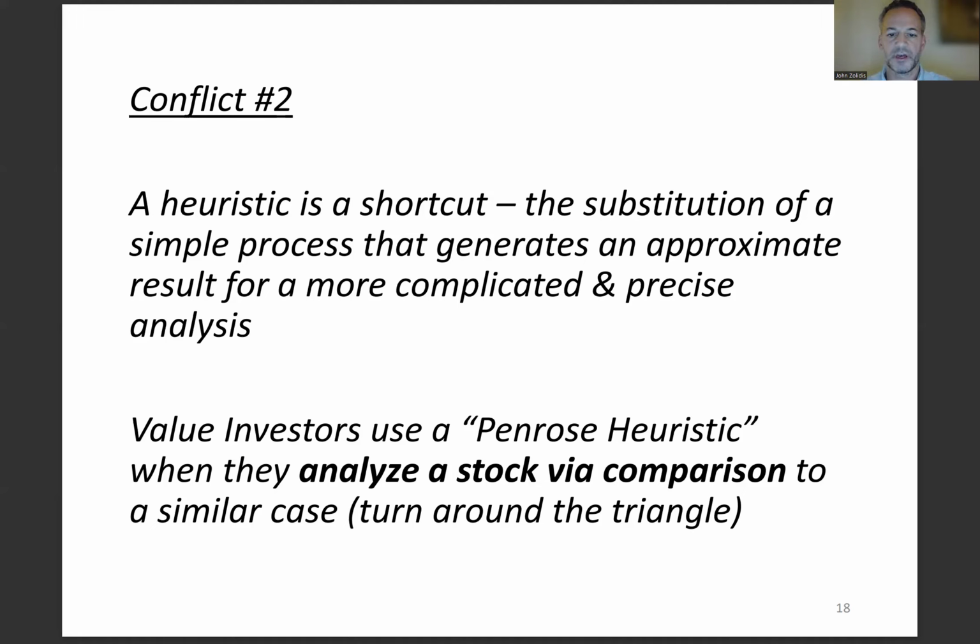In the case of value investors, I believe they use a Penrose heuristic when they analyze a stock by comparing it to a similar stock that they already know. So they take this new business, which they've just encountered, and their first frame is to think of some other business that was very similar, and then they either dismiss it or like it immediately or have a bias that's based on this comparison.